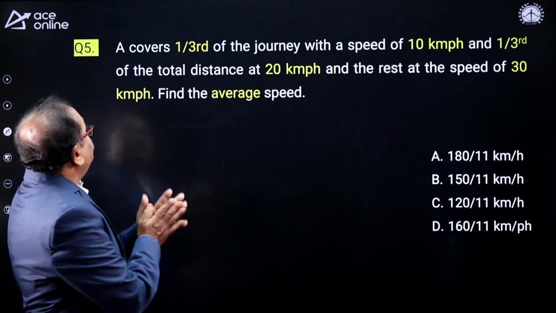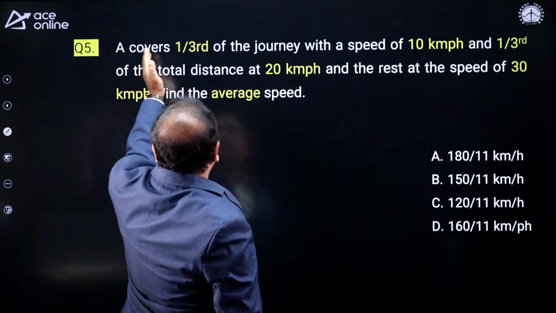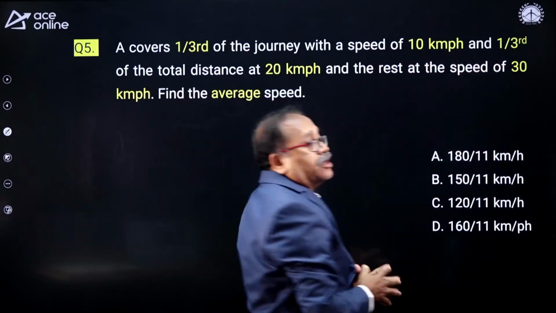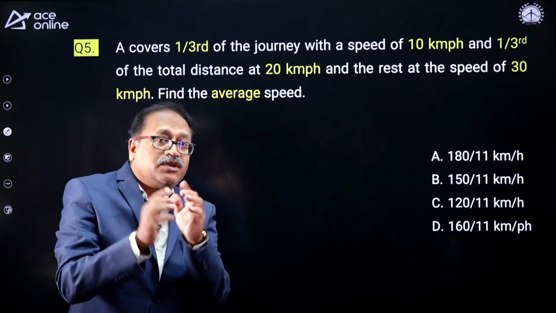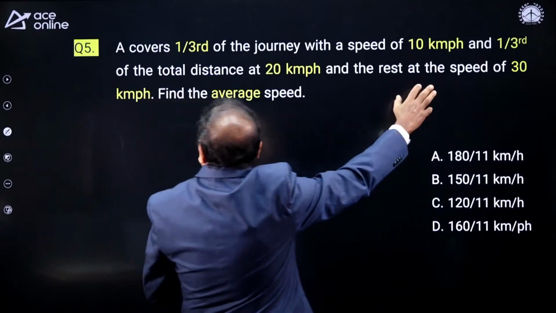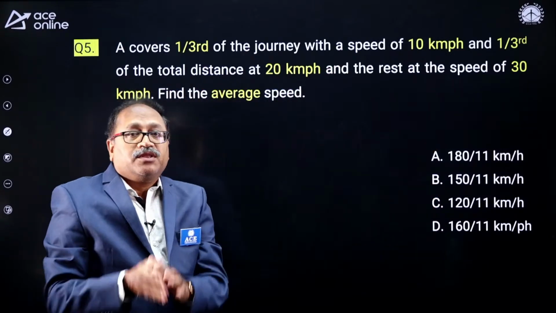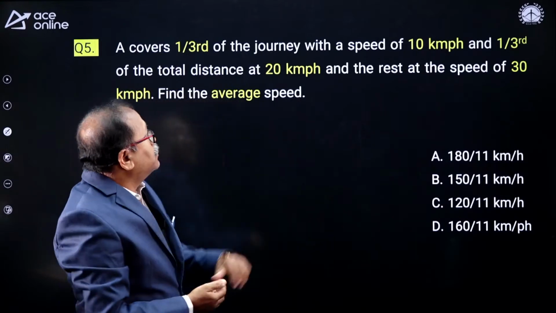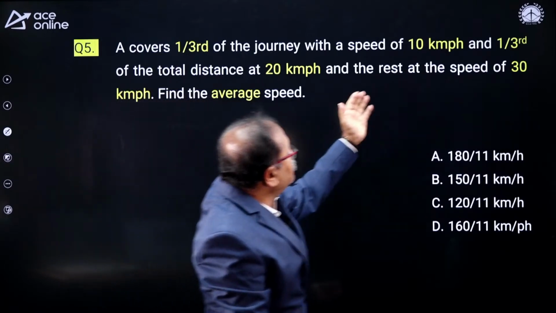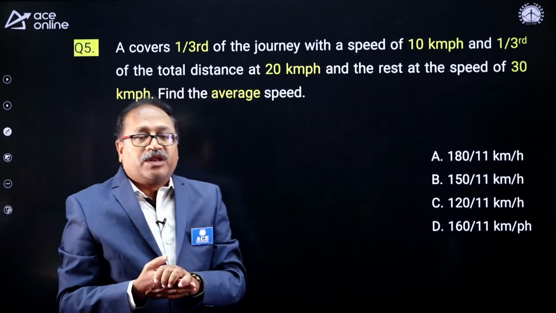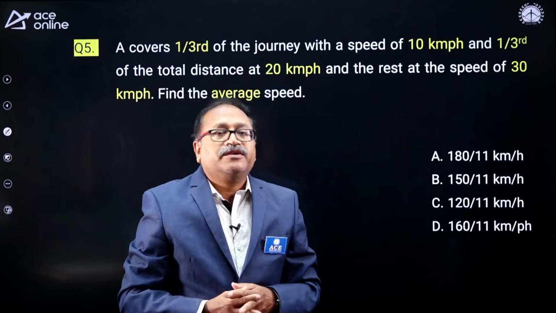Ready to answer this question. A covers 1/3 of the journey with a speed of 10 km per hour. Next, 1/3 of the total distance at 20 km per hour, and then the rest at a speed of 30 km per hour. Obviously the rest will be 1/3.